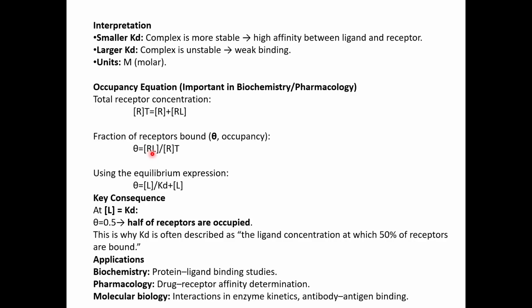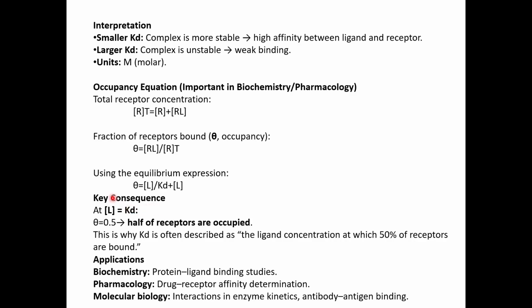So that is the concentration of your receptor-ligand complex divided by the concentration of total receptors present. Using the equilibrium expression, we can derive that theta is equal to the concentration of your free ligand divided by your dissociation constant plus the concentration of your free ligand. So if you know the information regarding your ligand, you can get a basic understanding of how much receptor binding has taken place.